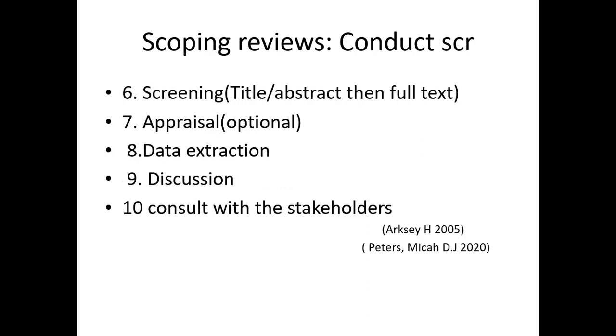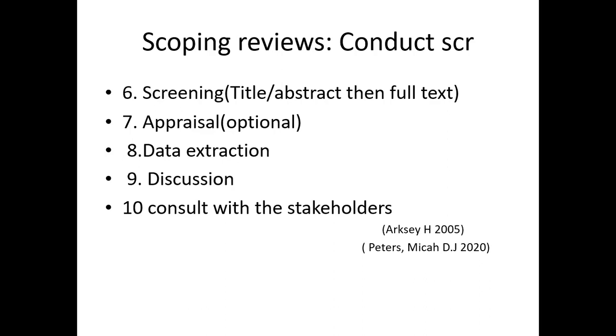Then you do the screening. For the process of selecting the articles, you do the screening on the title and the abstract. Once you are done, then you do the screening of full text. Then you decide to select the articles that should be included in your scoping review. Then the appraisal is optional, because the appraisal is going to reduce again the number of studies, the evidence that you want to put in place.